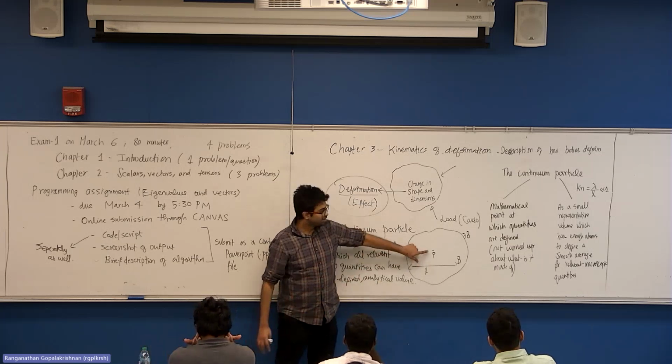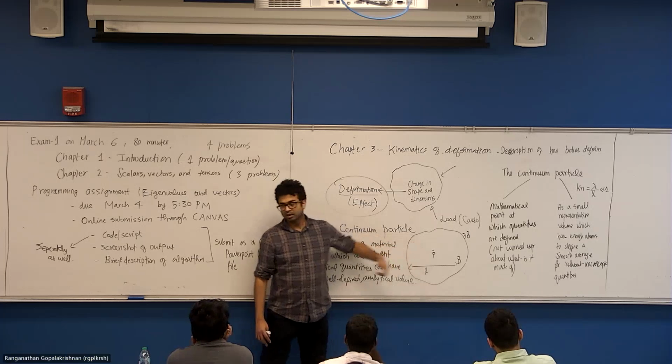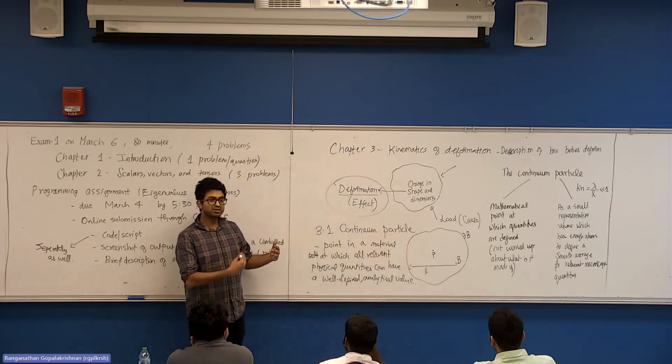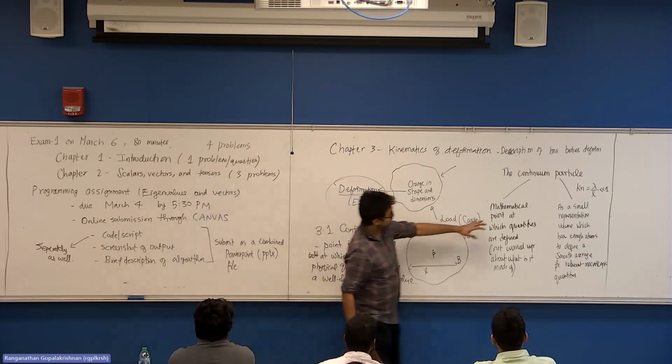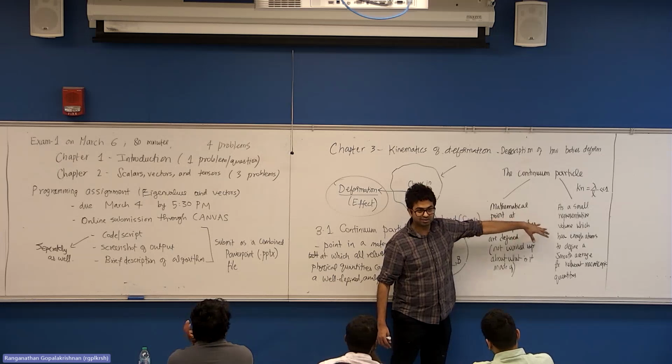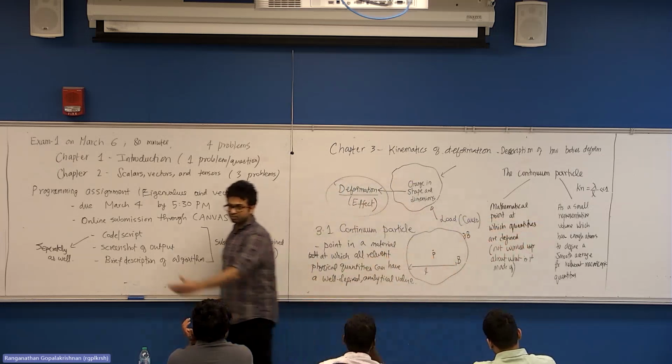Okay, it's basically a bunch of atoms. And you also should read up this section because the book has a nice discussion about these two viewpoints of this. What is a continuum particle? It talks about some stories as well. So I want you to read that. Okay.